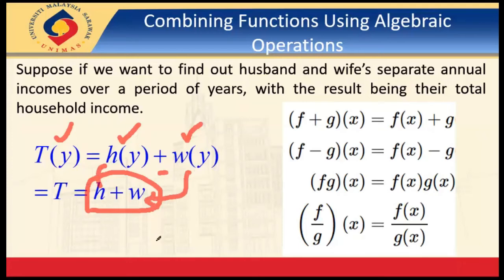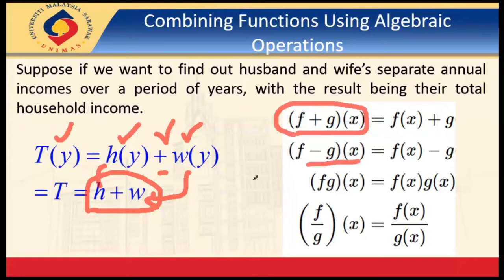In the same way, here the word is total income, so totaling means plusing. You see, the two functions we can add to each other. And in the same way we can subtract two functions from each other, like f of x minus g of x.